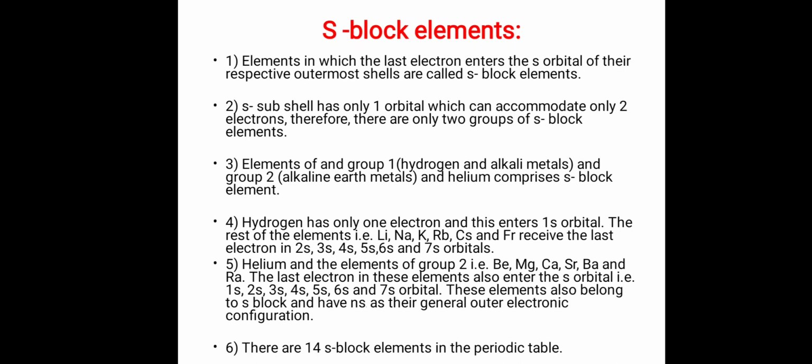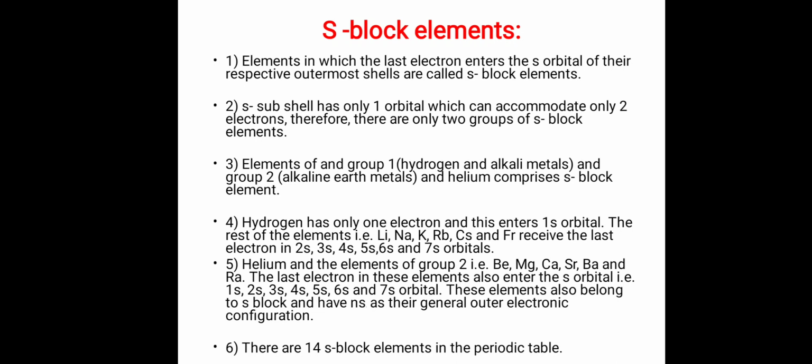Hydrogen has only one electron, and this enters the 1s orbital. The rest of the elements, that is lithium, sodium, potassium, rubidium, cesium and francium, receive the last electron in 2s, 3s, 4s, 5s, 6s and 7s respectively.